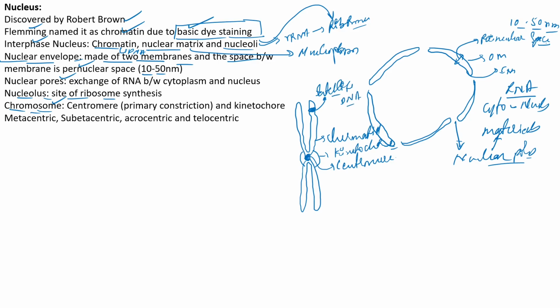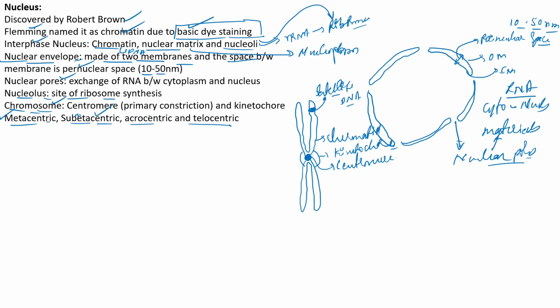So based upon the position of the centromere, we classify the chromosomes into 4 types. The first one we are having is the metacentric, submetacentric, acrocentric, and telocentric. If the centromere is exactly at the center, then it's called metacentric. If it is slightly away from the center, it is called submetacentric.